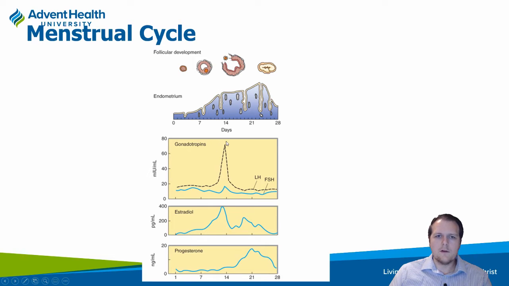So you have this big surge, and then levels drop down fairly low as a result of the fact that you're having more estradiol being released from the ovary. Because the major follicle and then eventually the corpus luteum will be generating a lot of those hormones, and then as you get into the final week here, progesterone levels are going to start to tick up.